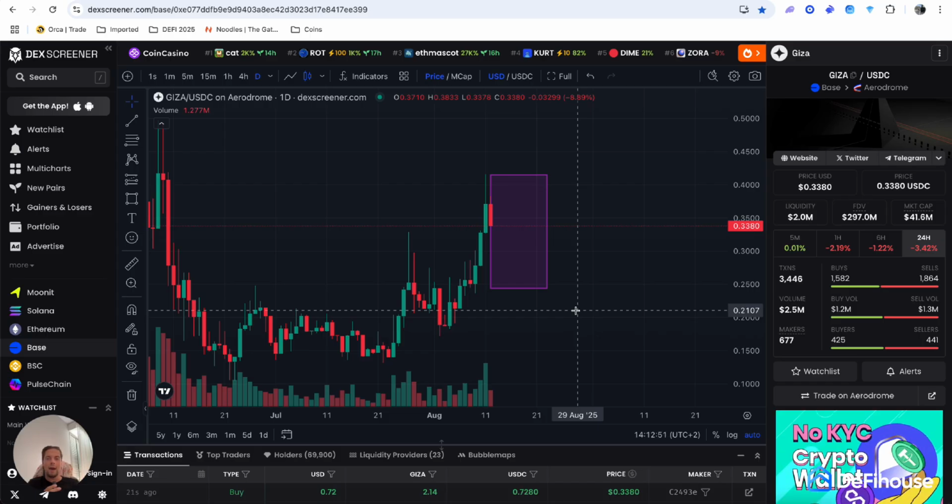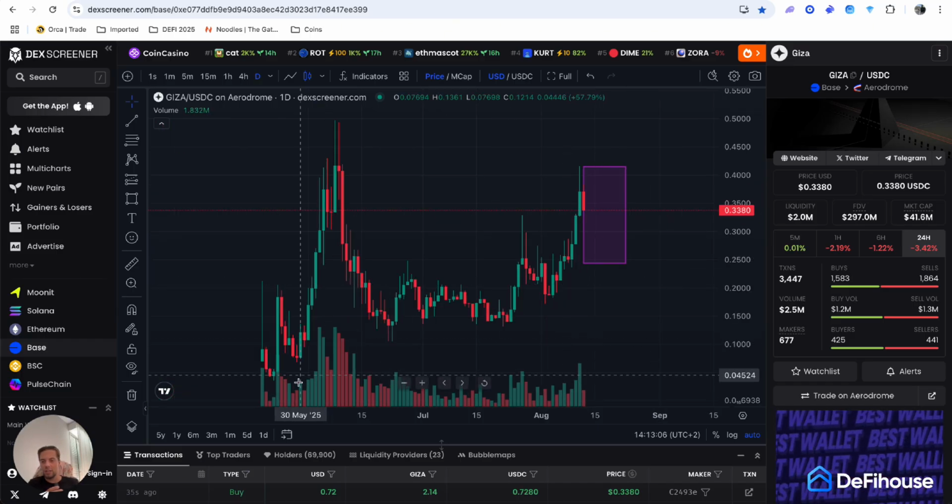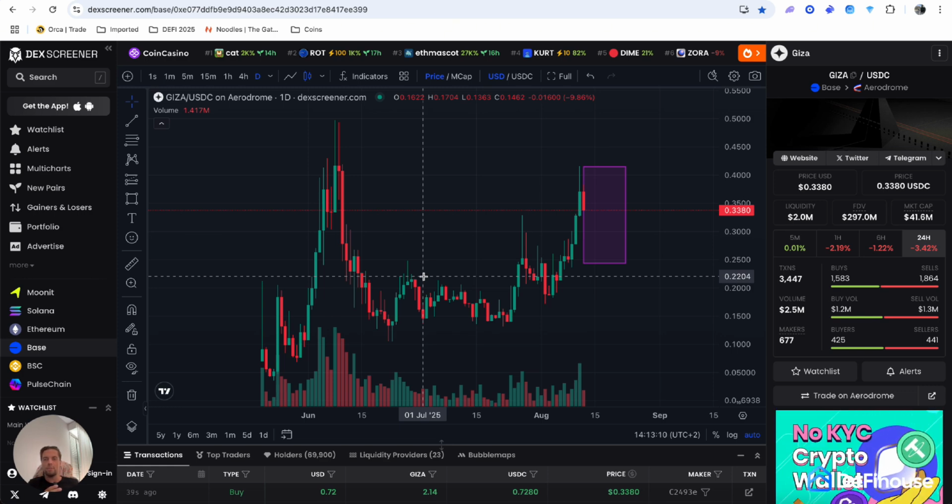okay, I am actually buying some of these assets. So if you have only USDC in your wallet and you want to deploy capital into a Giza USDC pool, and you know that Giza is very volatile, is a newer coin, as you can see, it's not that old, it's a fresh coin on Base, for example, right? And you want to deploy capital into the LP because it pays amazing fees, that's one thing.